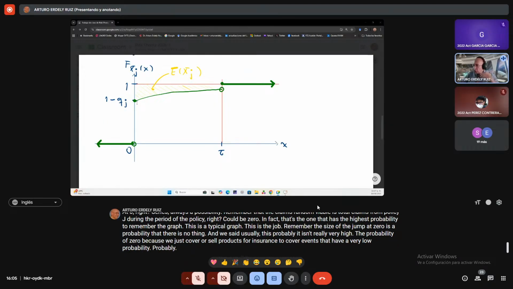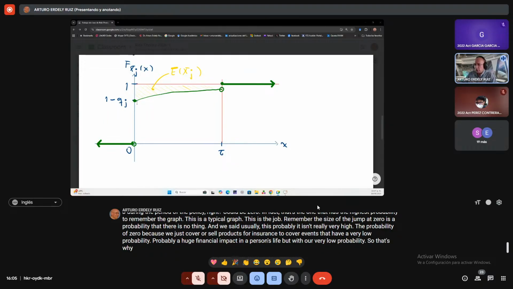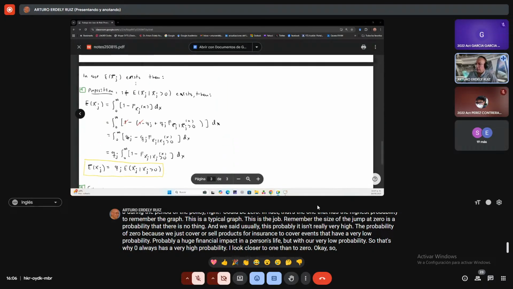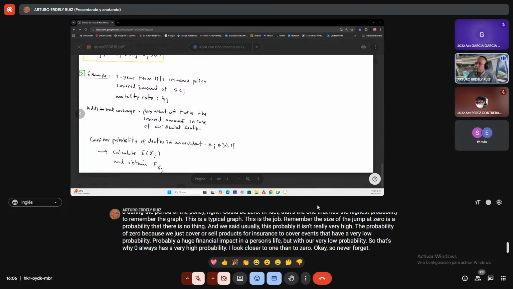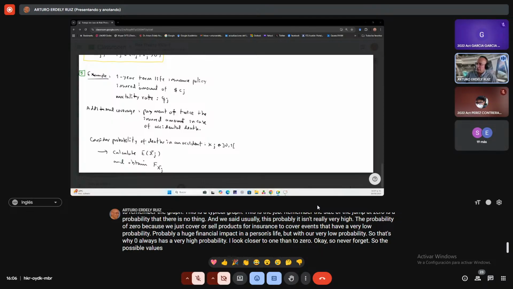Probably a huge financial impact in a person's life, but with a very low probability. So that's why 0 always has a very high probability, a lot closer to 1 than to 0. So never forget, the possible values in terms of claims are 0, CJ, or 2 times CJ.